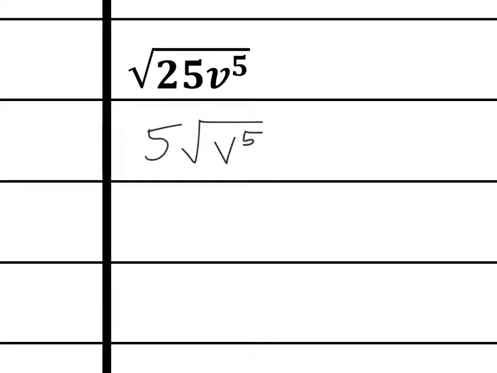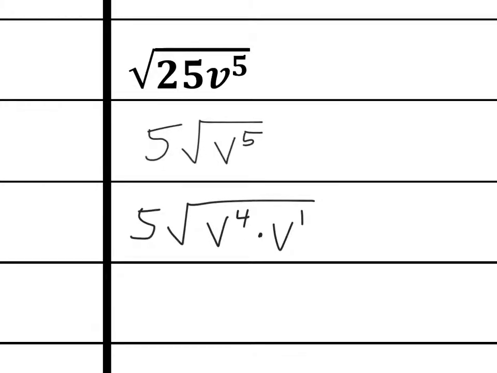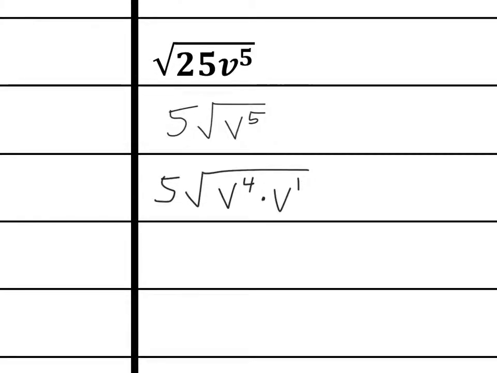Okay, v to the fifth is not a perfect square, but what's the highest perfect square that you could break it up into? V to the what? V to the fourth. So we're going to split this up into v to the fourth times v to the first, which you can write as separate square roots if you want, like this.